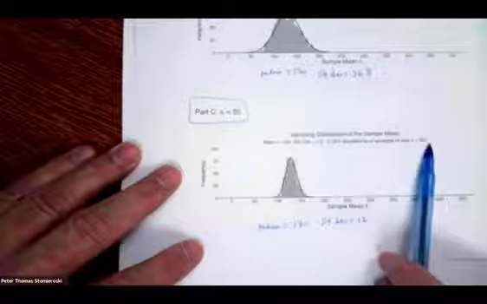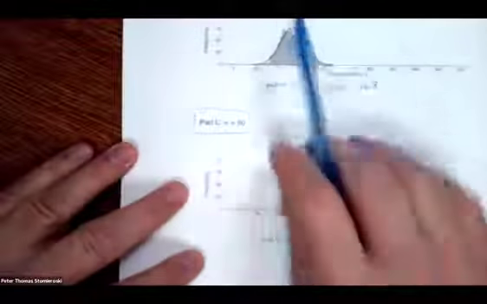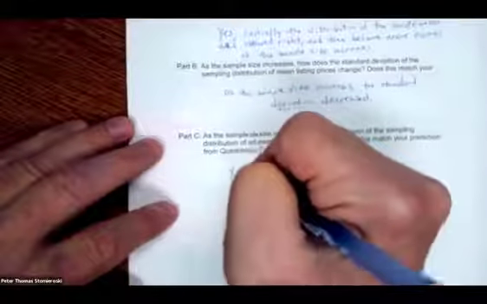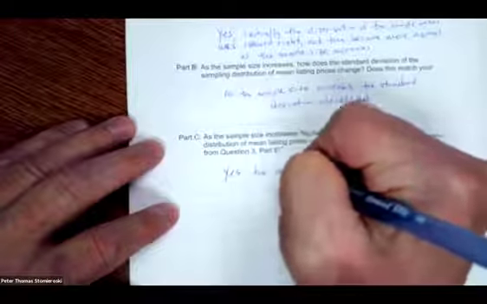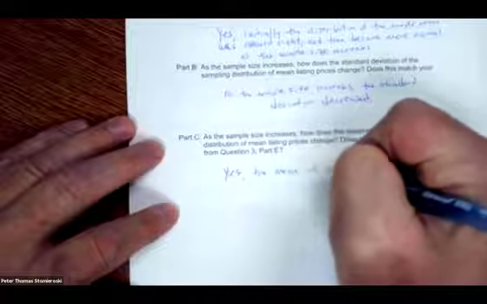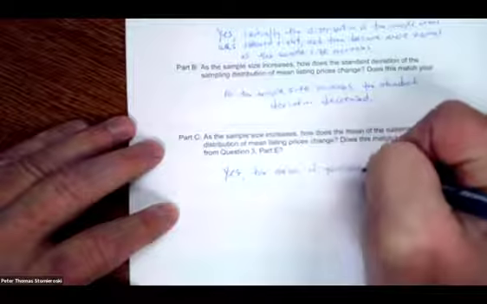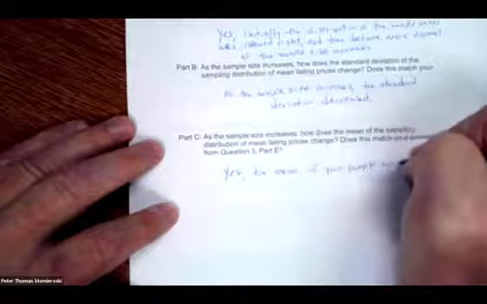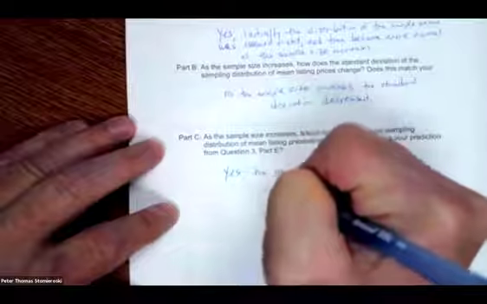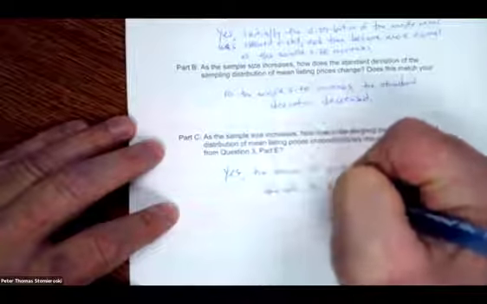And when the sample size was 50, the mean was 130. So generally the mean stayed the same, and yes, this matches our prediction. The mean of your sample means tended to be the same.